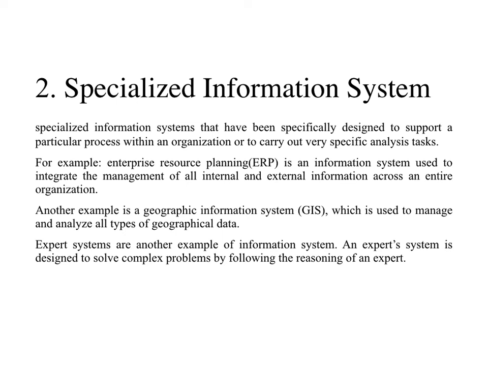Another example of specialized information systems is the geographical information system. Really, today it's one of the common systems used in many geographical applications, like Google Maps. So this kind of system is specialized, constructed to support you with special kinds of data. It's geographical data, to retrieve data about maps, about traffic, and so on.